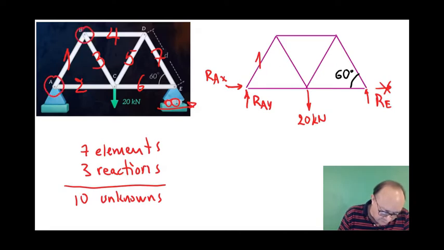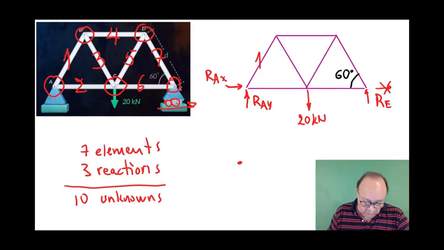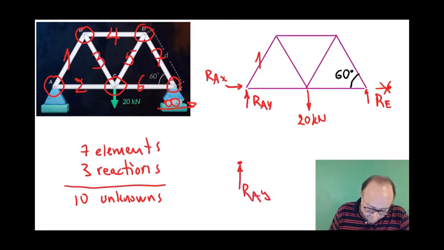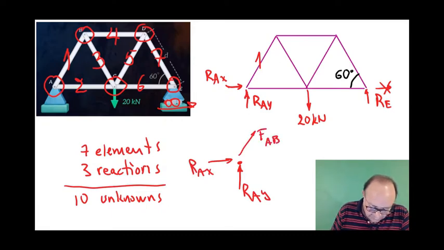In the general sense, when you analyze a truss, you are going to analyze the joints as particles in equilibrium. So let's say, for example, joint A will be a particle with a force here, RAY, a force here, RAX, a force here, let's call it force in the element AB, and a force here, force in the element AC.